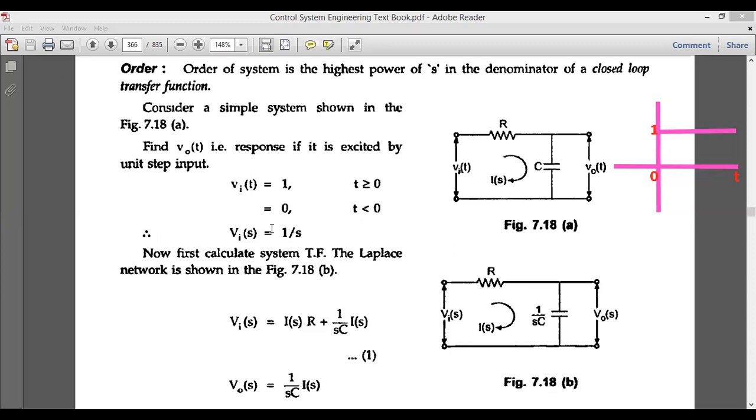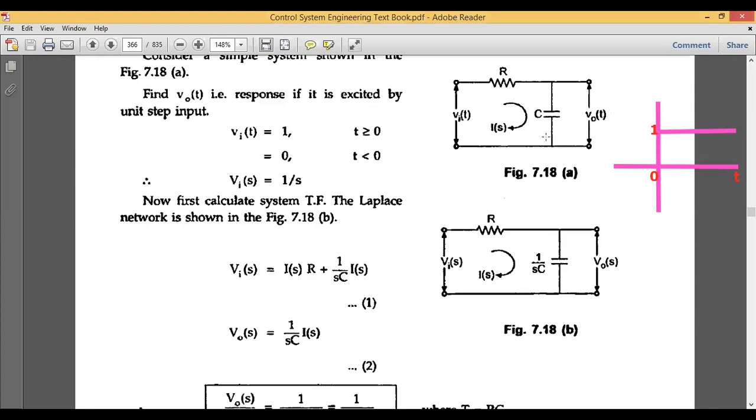Now let us find the equations by applying loop analysis, at the input loop and at the output loop, in the Laplace domain. First apply it to the input loop.